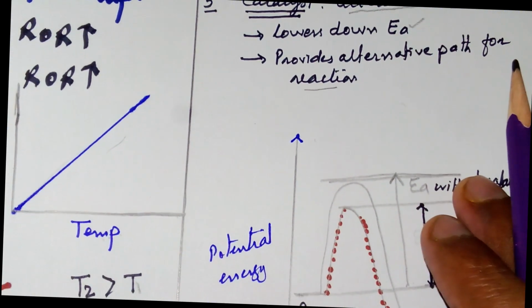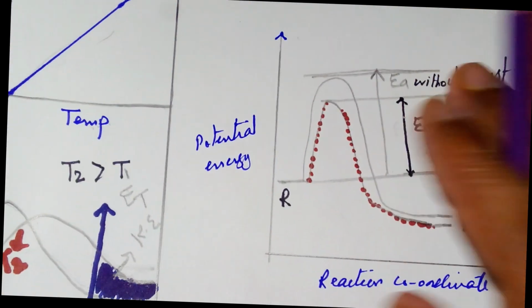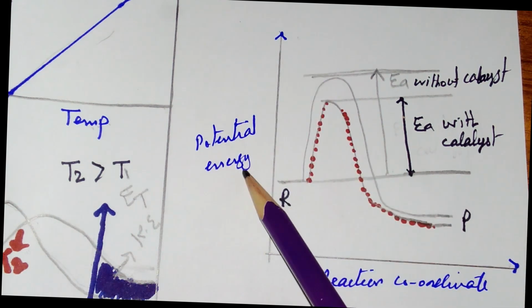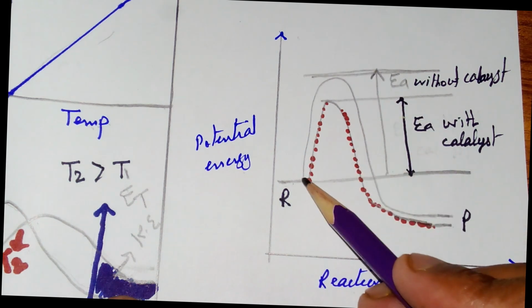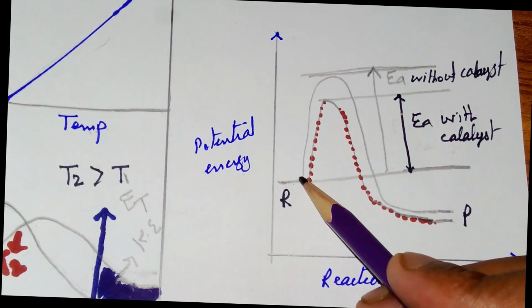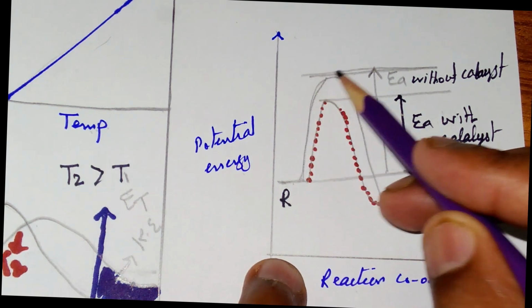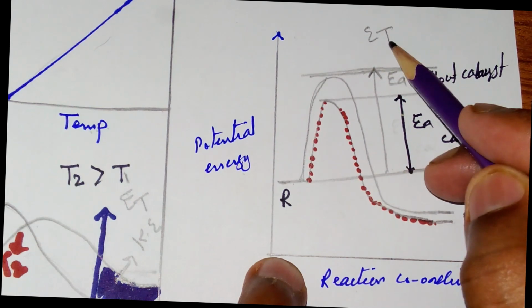Now let's understand graphically. On the y-axis I have potential energy, and on the x-axis the reaction coordinate. These are the reactants and these are the products. The reactant molecules go up and reach here, which is known as the threshold, ET, the threshold energy.